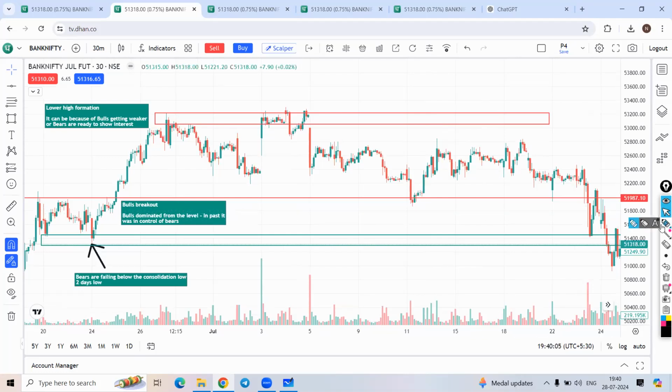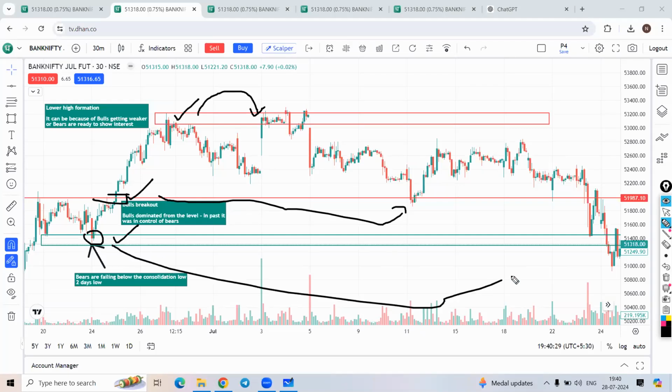Okay. So what we'll do is, I have marked this zone from here. I have marked this level from here. I have marked this line from here. So next time, when the price is testing the zone, testing the level, testing the zone, my focus is what price action is going on.